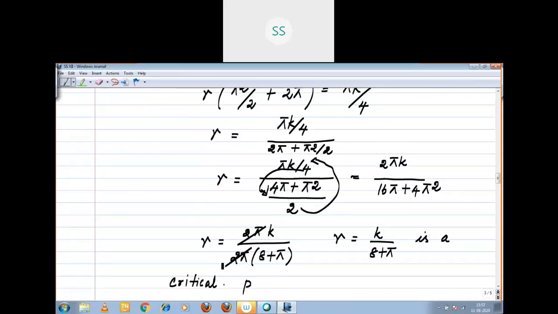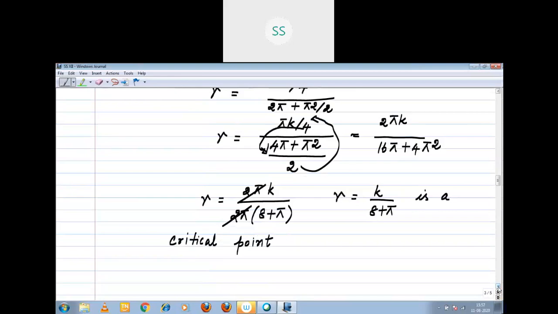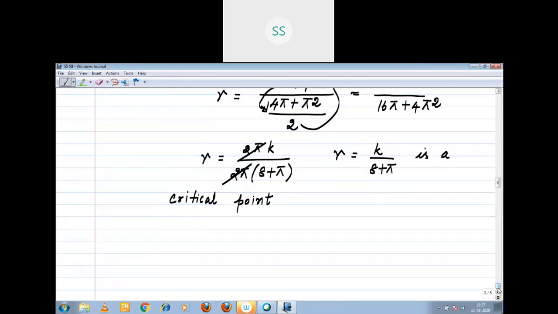Now I am going to find out what is the second order derivative. Right? First you should write your first order, then only it is easy to differentiate.